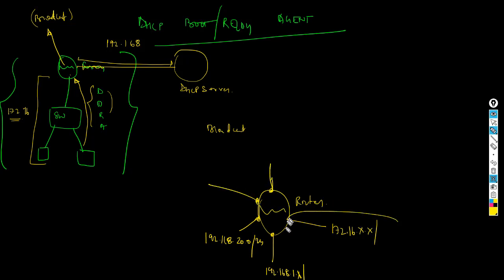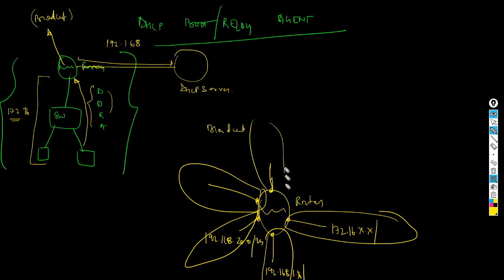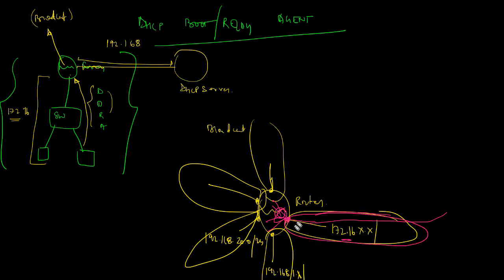So I have a different broadcast domain on each. If any packet from this broadcast network hits the router, what is the router going to do? The router does not see any other network in this range, so it's not going to forward it to anyone. The broadcast packet is just limited within this range.